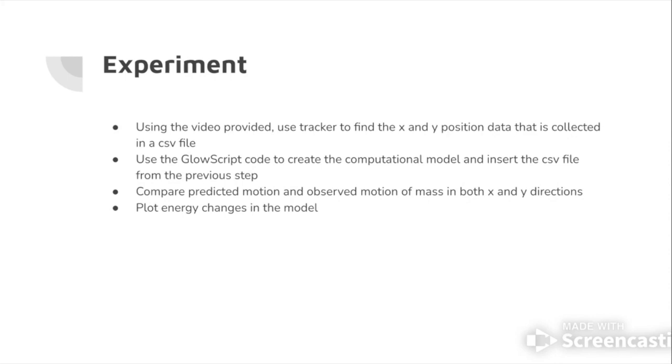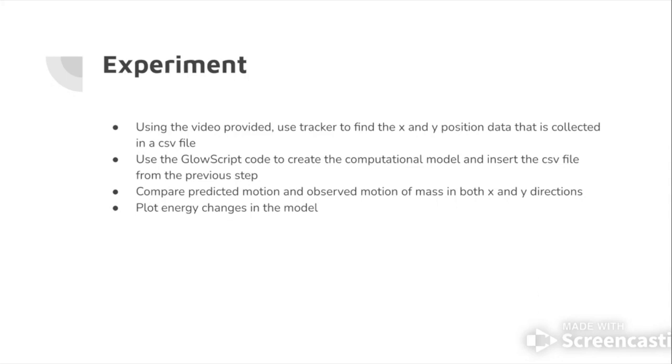In this experiment, I used the video provided and uploaded it into Tracker to find the X and Y position data that is collected and then put into a CSV file. I tracked the movement of the object hanging on the spring to find these data points.